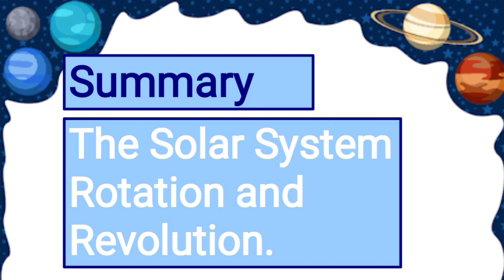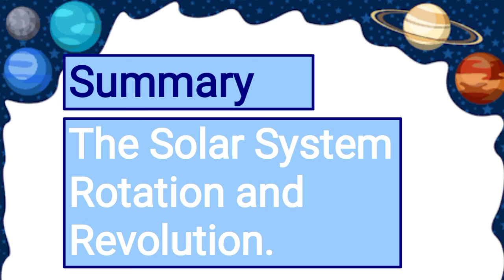So today we have learned that the Sun, the 8 planets, along with their moons and the dwarf planets form the solar system, and the planets and dwarf planets circle around the Sun in fixed paths called orbits, and the moon is the only natural satellite of Earth.